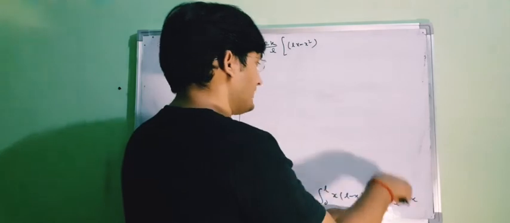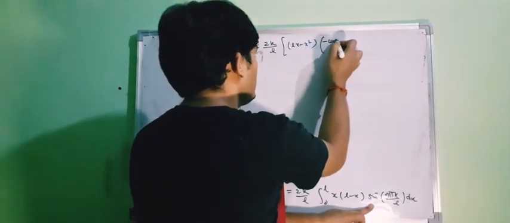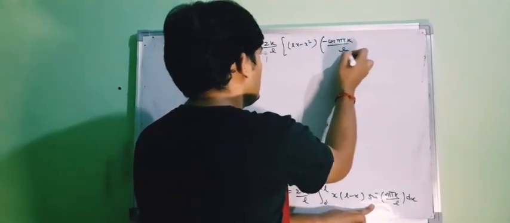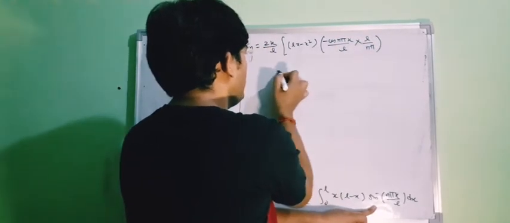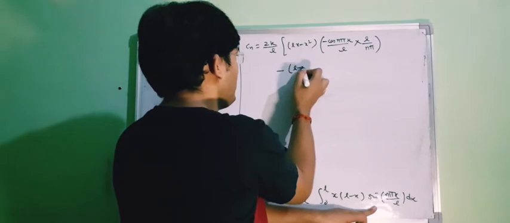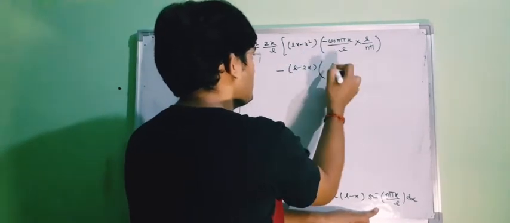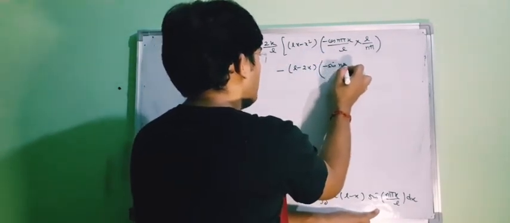Integration of sine n pi x upon L will be minus cos n pi x upon L into L upon n pi. Then differentiation of this one will be L minus 2x, then integration of this will be sine n pi x upon L.